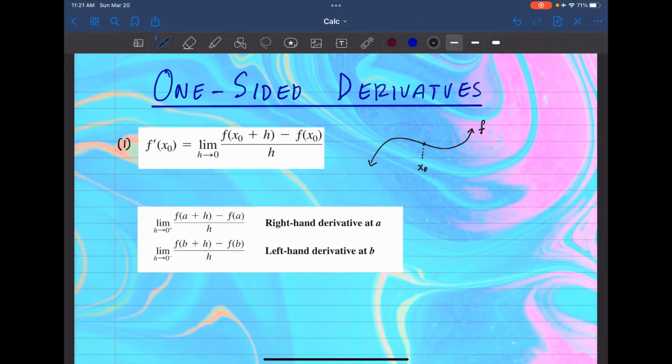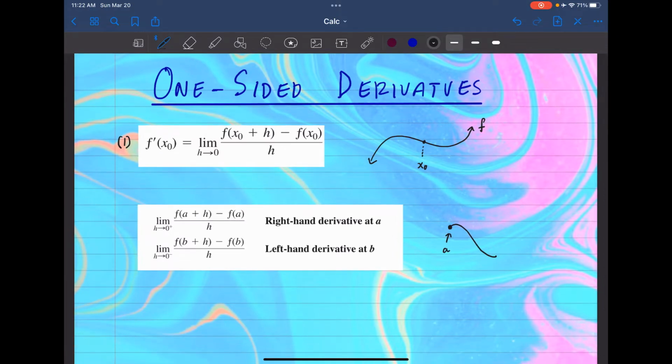Now what if we have a function that looks maybe something like this? Can we talk about a derivative at this point? Let's call that point A. Well, because it's an endpoint, we can talk about a one-sided derivative. For instance, we can approach this point from the right side.